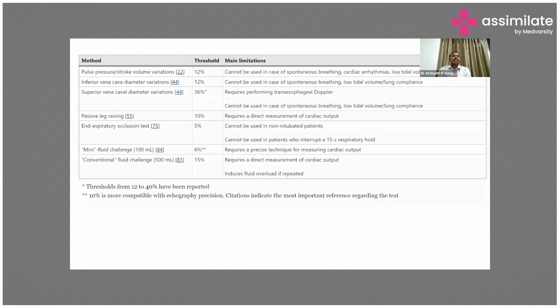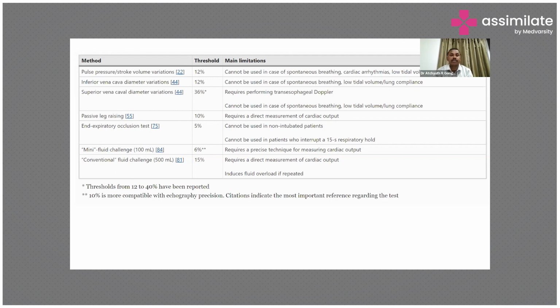So how sensitive are these tests? Even some of these tests, like the end-expiratory occlusion test, which is done in intubated patients with a respiratory hold, can detect a change of 5%.